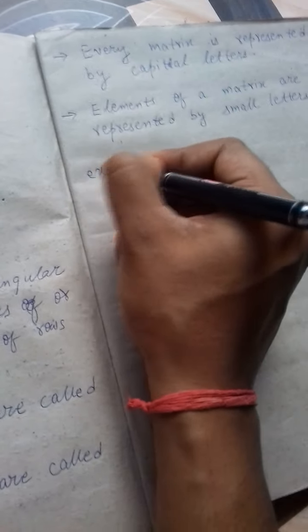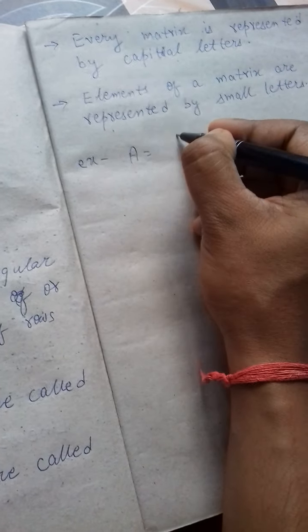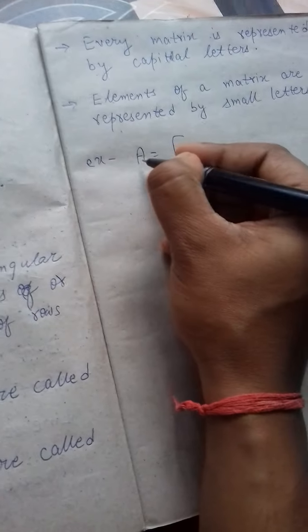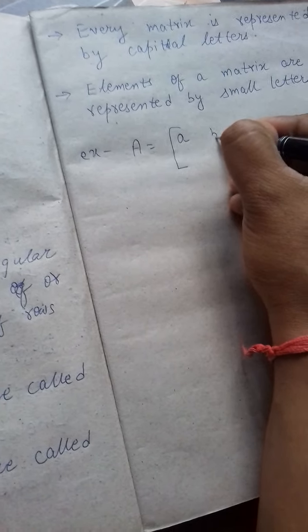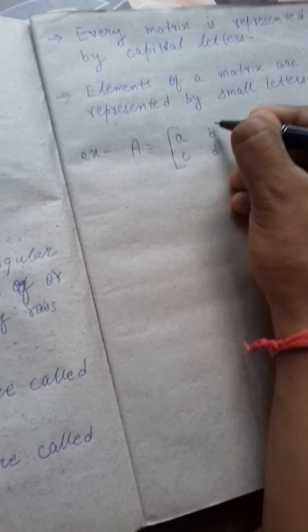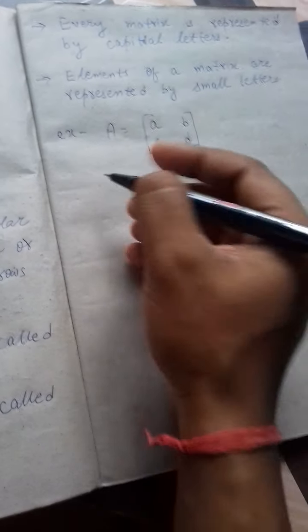For example, as I told you that a matrix will be represented by capital letters, so I denoted it by capital A, and its elements will be denoted by small letters. So see, these elements are denoted by small letters.